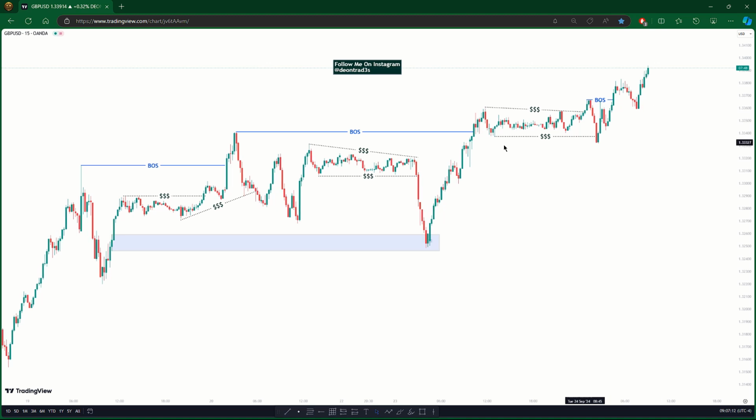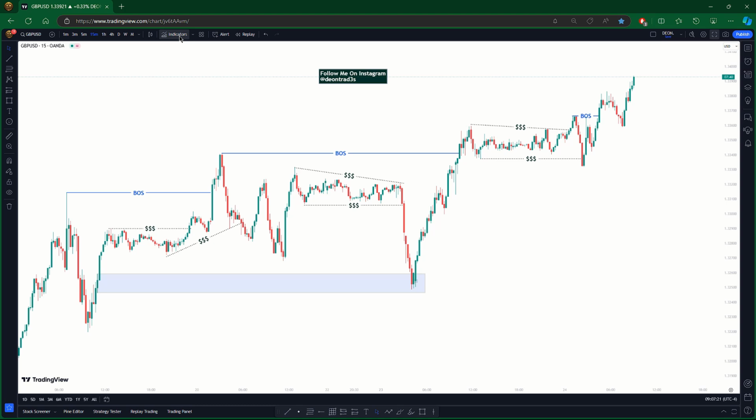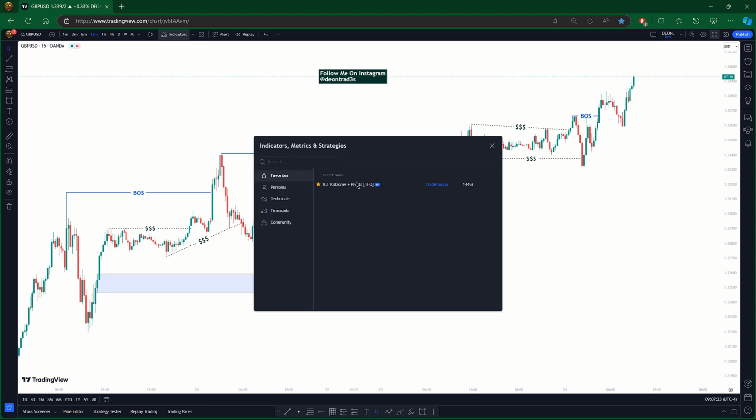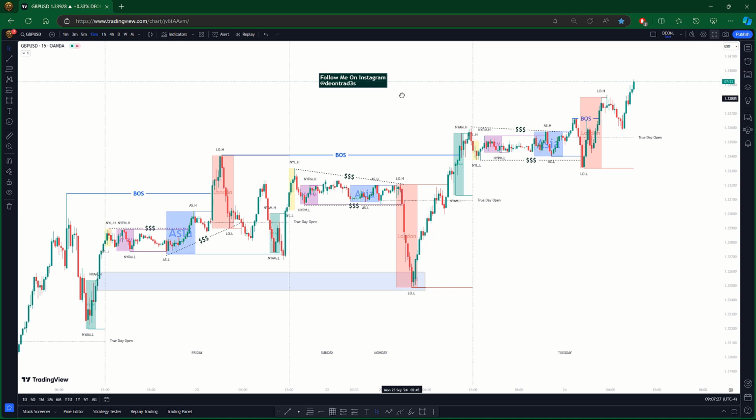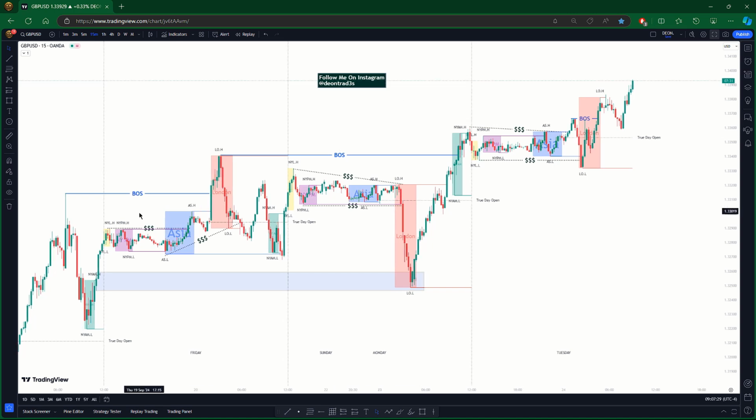Now, talking about trading sessions, where you need to look for these liquidity build-ups. I said New York PM and the Asian range. If you look at this, you can see New York PM Asian range liquidity build-up, again and again.